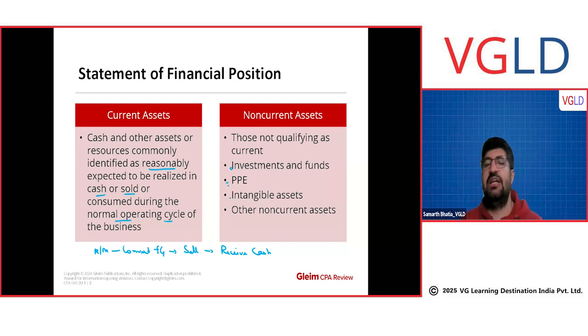You can never treat the inventory as a non-current asset unless a specific exception rule applies, where the company clearly has an idea that, for example, we have purchased excess inventory and we are going to use it for the long term.